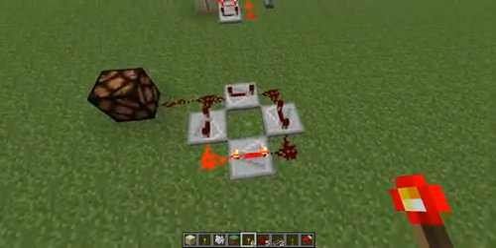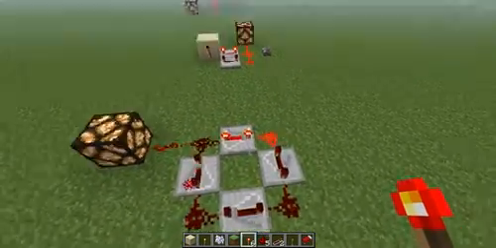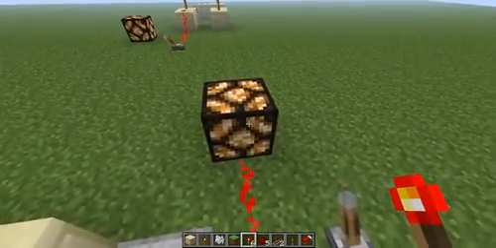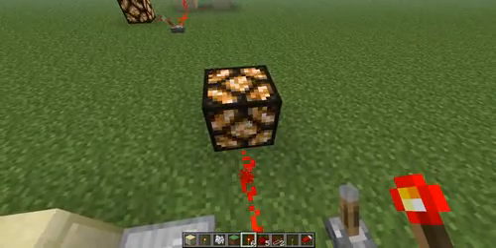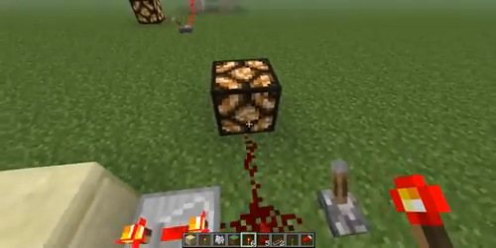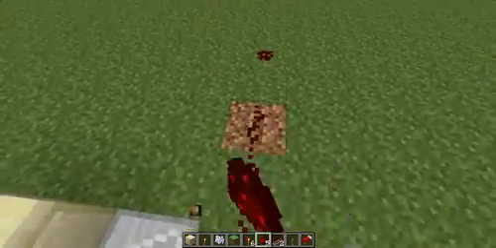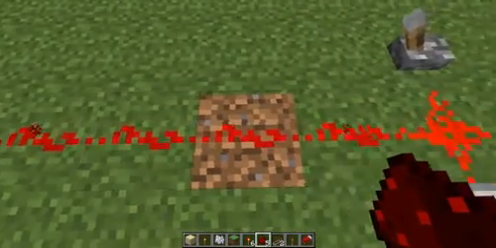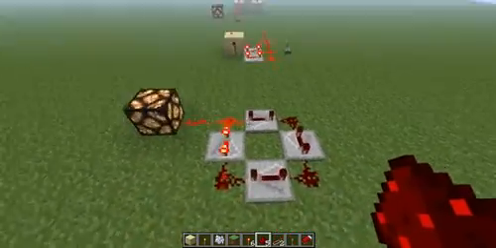Then there's this, a clock without redstone torches. As you can see here, the on and the off pulse are the same. This lamp makes it a bit longer, but if you only look at the redstone, it's the same. But here it is not.